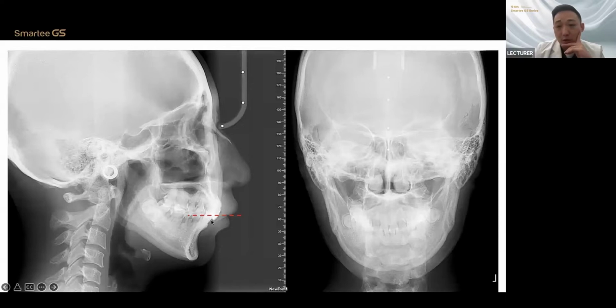That means we need to do a lot of intrusion of the incisors. And her growth pattern is the vertical growth pattern, which means she is the high mandibular angle type, right? So we need to emphasize the intrusion of the incisors.